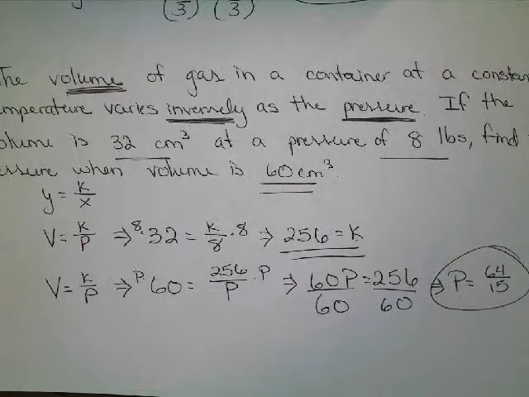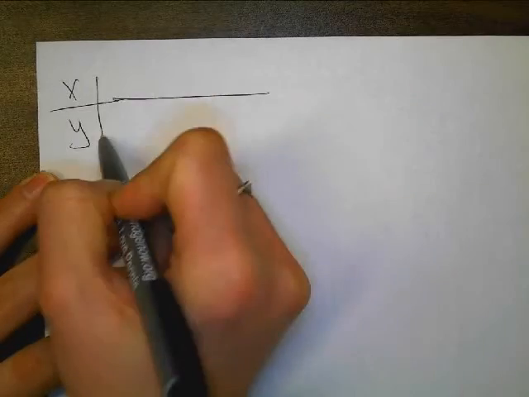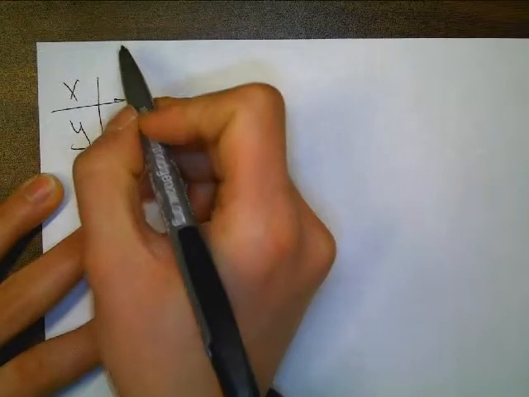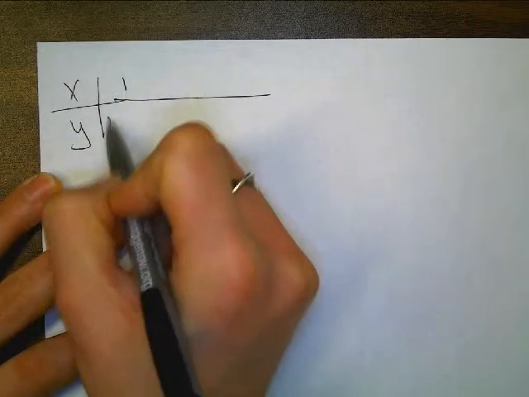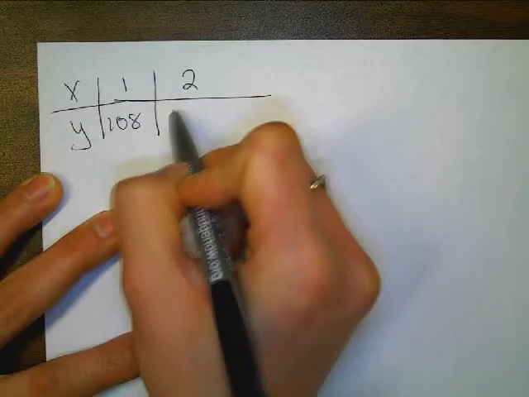The other type that we need to look at is if we're looking at a table. Now when we use a table, we use the exact same formulas, we just use them in a different way. So let's say we have a table that looks like this. 108.